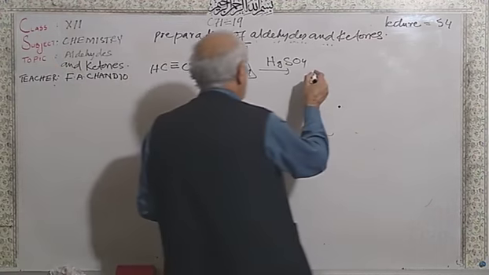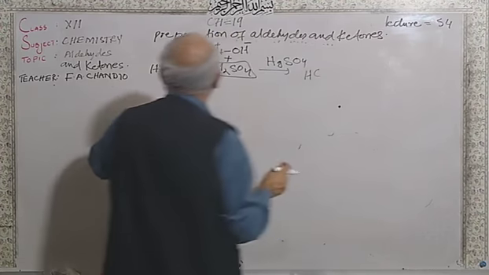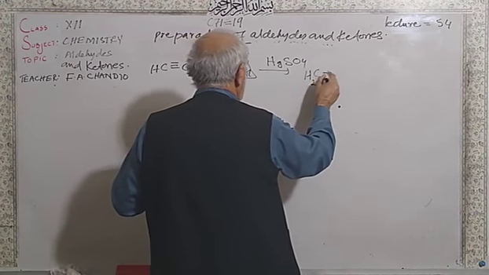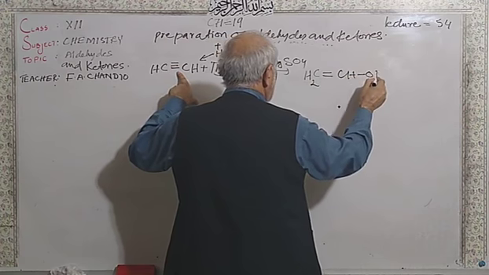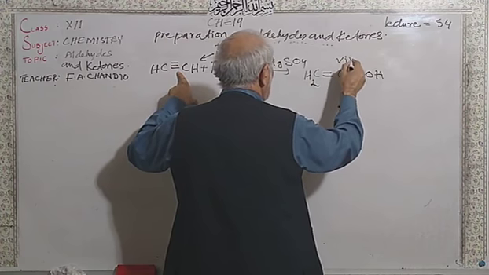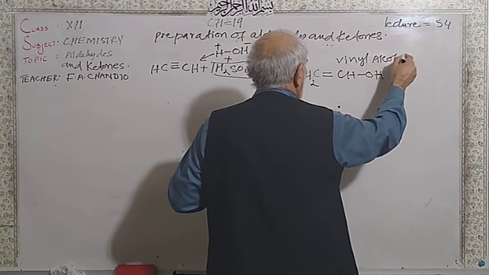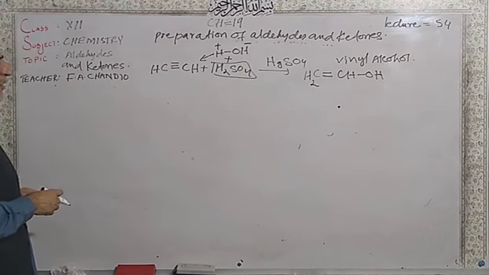So one hydrogen will be attached here to make CH2 double bond CHOH. This is called vinyl alcohol.